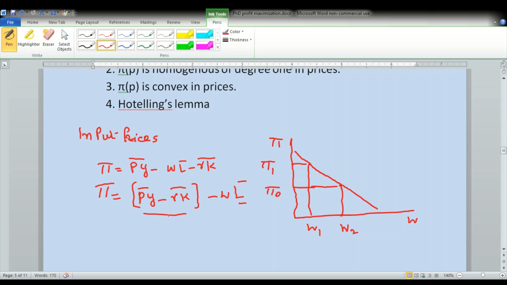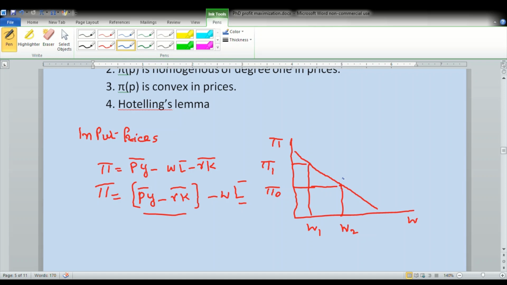But if you adjust your output, then this means that you will also be adjusting your labor and capital, and this means that your profit will not be falling from pi 1 to pi naught, but to a lesser extent. For example, it might come here.